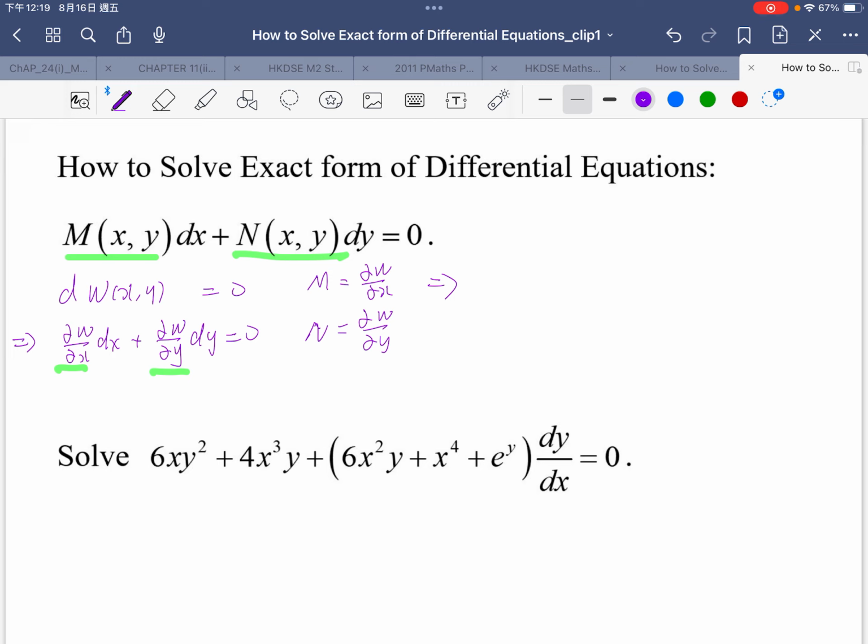In this time, if we partially differentiate M once more with respect to y, that means partial M partial y, this becomes partial squared W partial x partial y, and for N we take partial N with respect to x, partial N partial x.